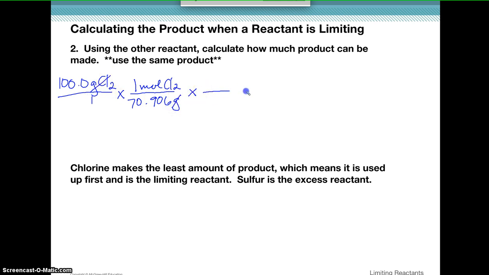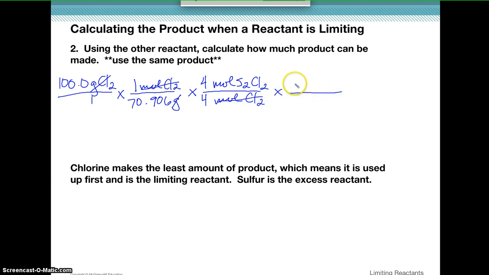Then we need the mole ratio, and it's going to be the same on top, our product on top, 4 moles of S2Cl2 for every 4 moles of Cl2. Those are from our balanced equation, so those cancel.